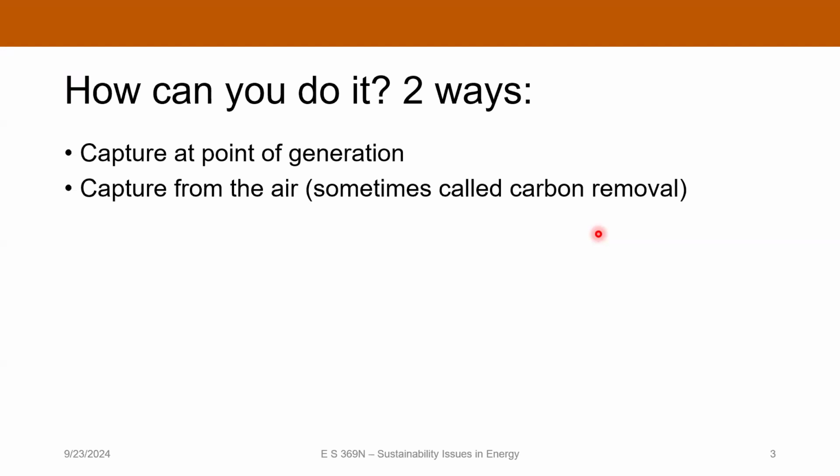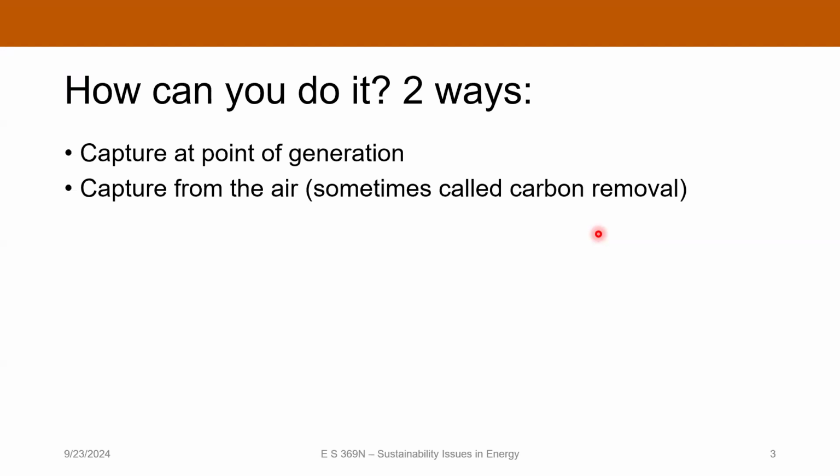The other one is capturing it from the ambient air. This is often referred to as direct air capture. And this is often contrasted with capture at its point of generation by calling it carbon removal. So what you see out there a lot is that when you're looking at capturing it from a power plant, for example, that's called carbon capture.